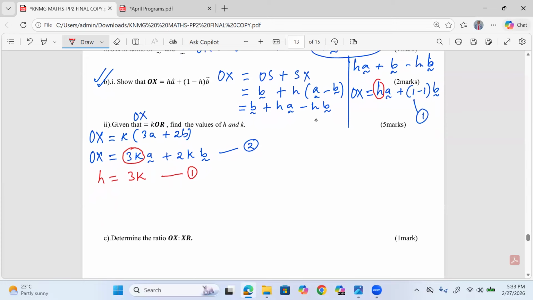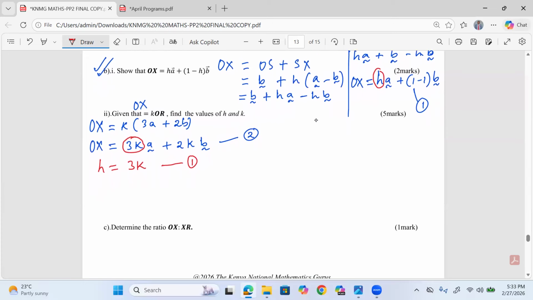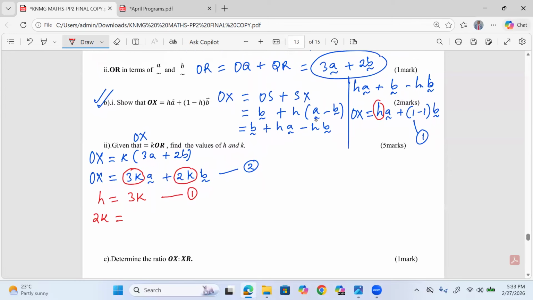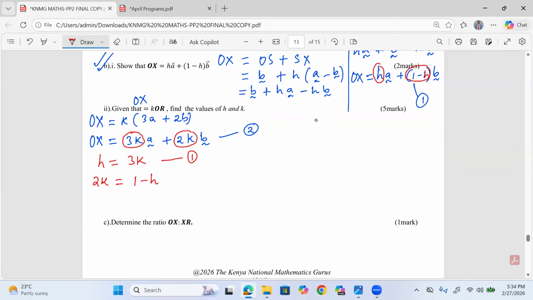For equation 2, the coefficients of B, which is 2K, equals the coefficient of B in the first one, 1 minus H. That's how we are supposed to equate them. So this becomes our second equation, and we solve the two simultaneously.